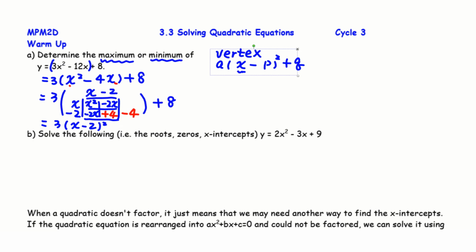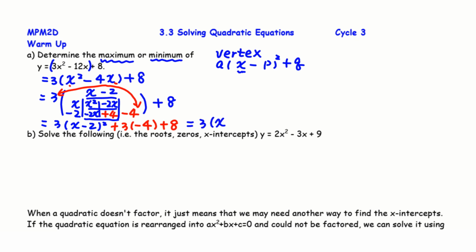And the minus 4, we didn't use it for the perfect square, so we are going to take this negative 4 out of this bracket. So plus 3 times negative 4, then plus 8. 3 times negative 4 is negative 12, plus 8 gives you negative 4.